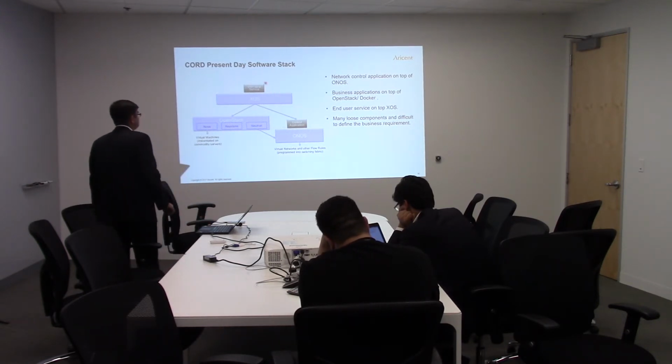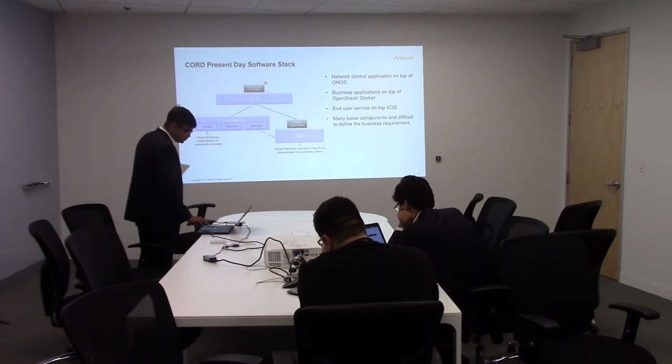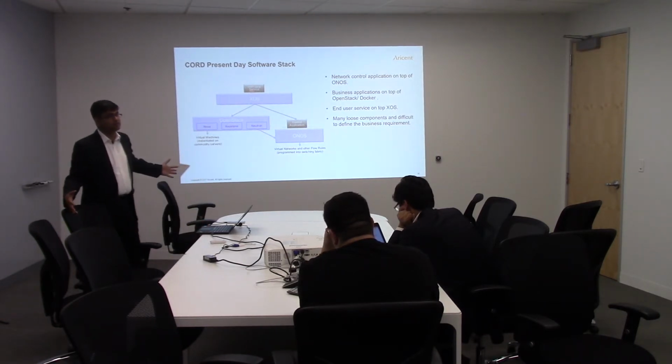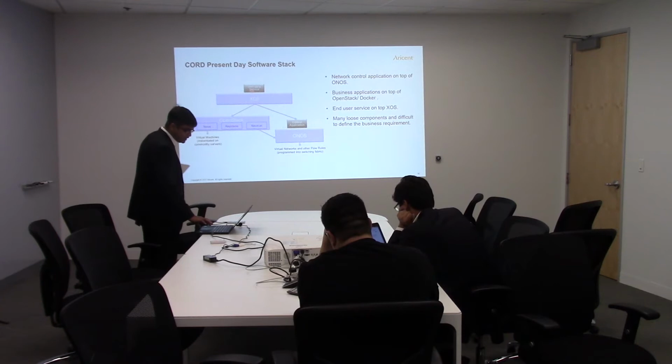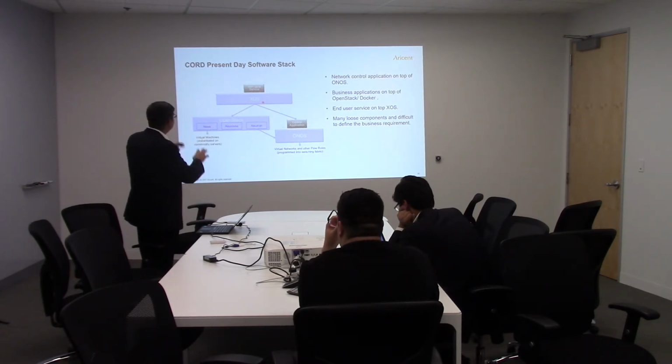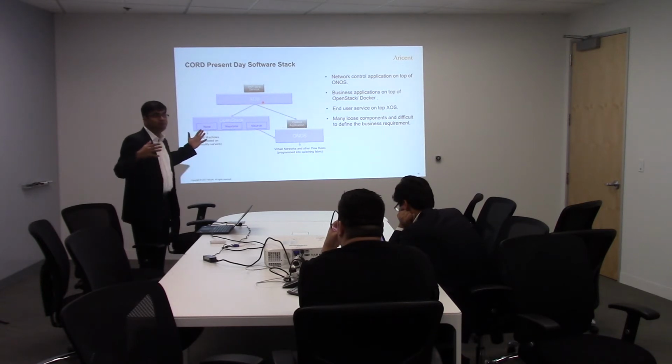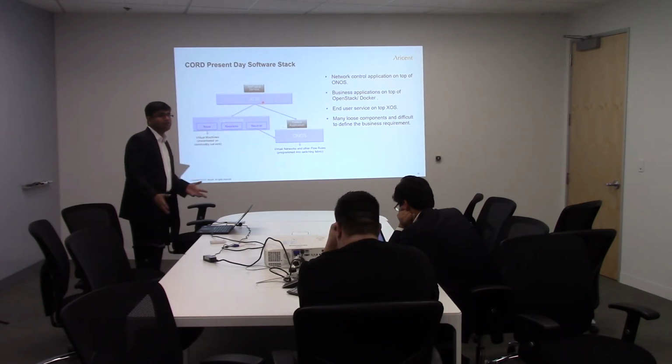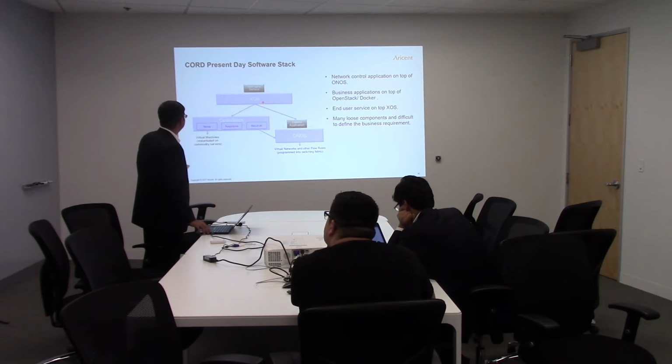But what we don't have is a single pane window for creating my service. So I have to create a service here, here, and here. Then only my end-to-end service is created. So though I have XOS, which is anything-as-a-service operating system, that doesn't give me the business-requirement-driven service delivery model that I am looking for here.